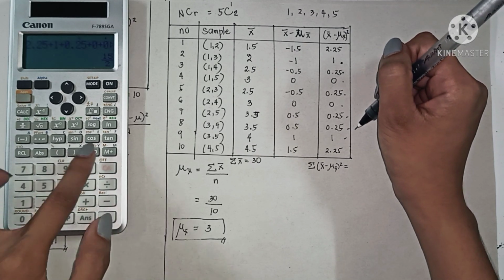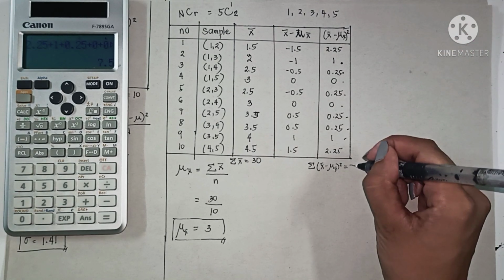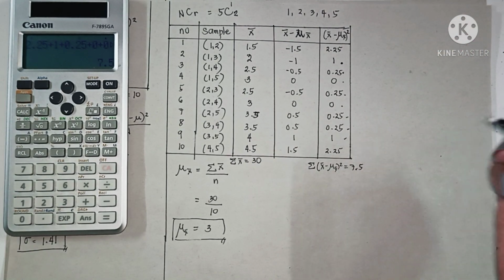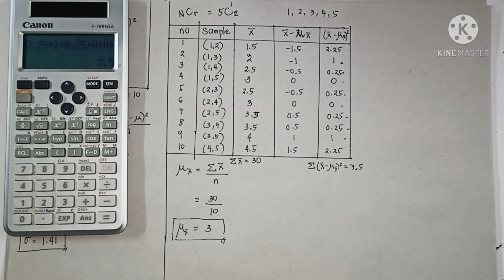Okay? And that is equal to 7.5. So the summation of x bar minus mu sub x bar squared is equal to 7.5.